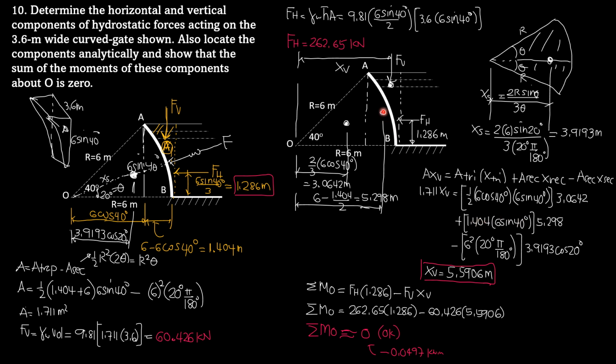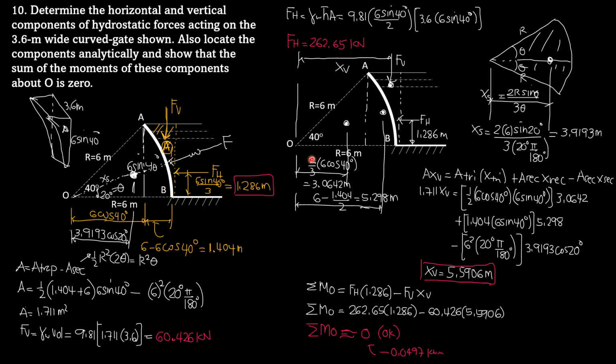Then the x of rectangle from O is 5.298. Then minus the area of the sector, which is r squared theta, 6 squared, theta 20 degrees times pi over 180. That's the area of the sector. Then x of sector is 3.9193 cosine of 20. So solving, XV is 5.5906 meters.